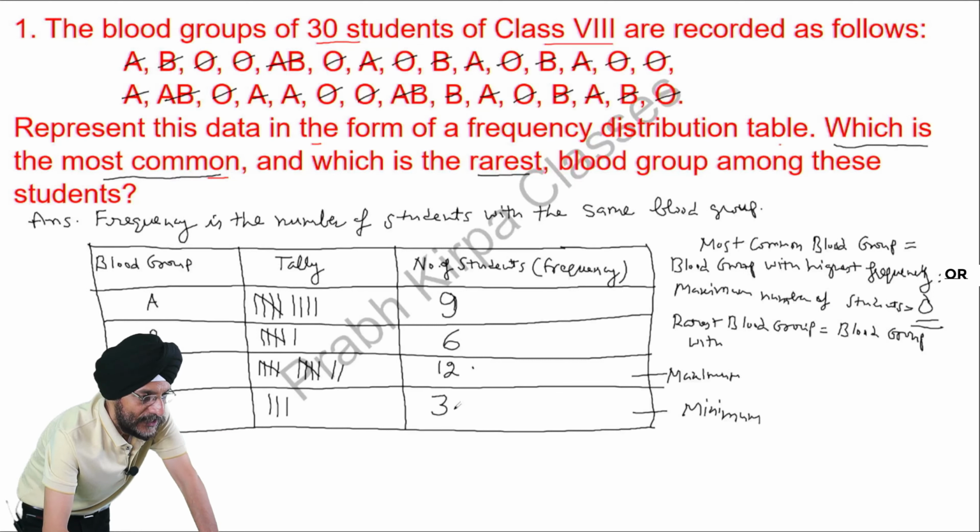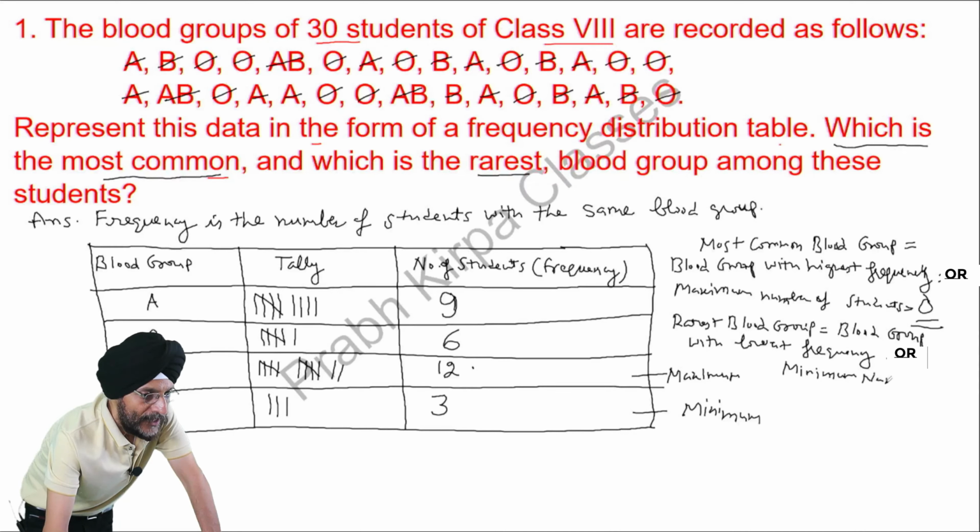The lowest frequency is in respect of AB. Or we can say that the minimum number of students is equal to 3.